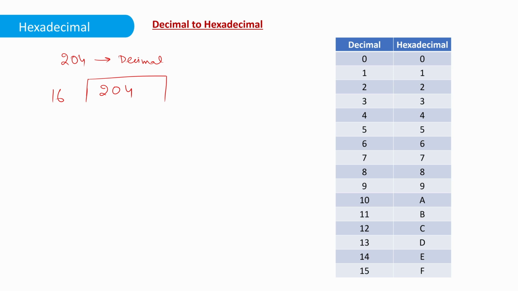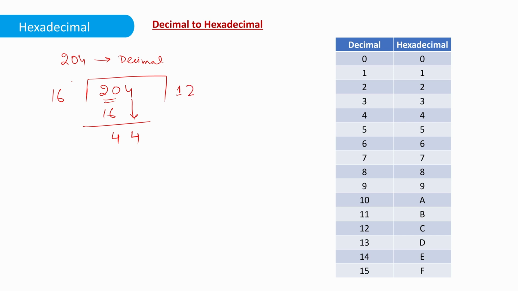So we take 20, and we know 16 times 1 becomes 16. This leaves a remainder of 4, and this 4 will appear over here. Now we are going to do 16 times 2.